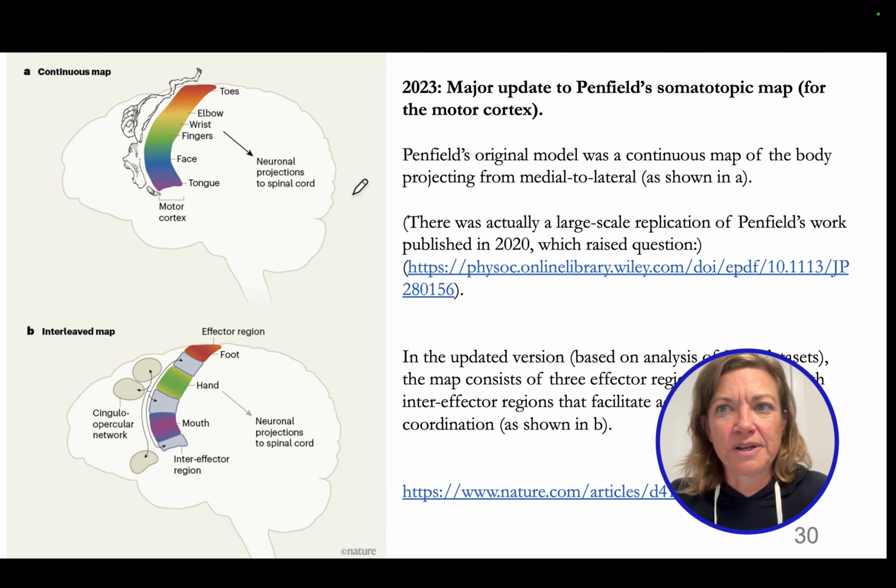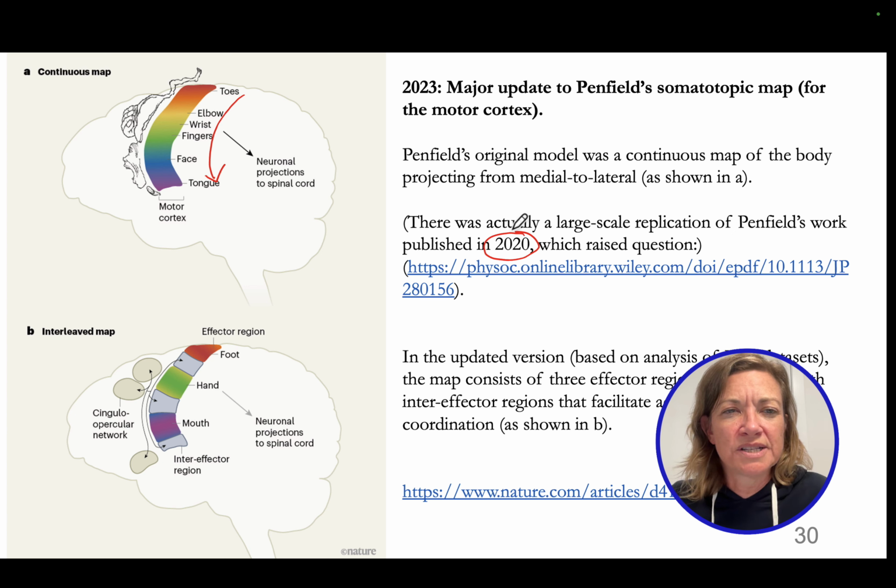In 2023, there was a major update to Penfield's somatotopic map for the motor cortex. The original map, here it is, proposed a continuous map of body to cortex that projected from medial to lateral. Of note, there was actually a large-scale replication of Penfield's work published in 2020, and that was the first time the question was really raised.